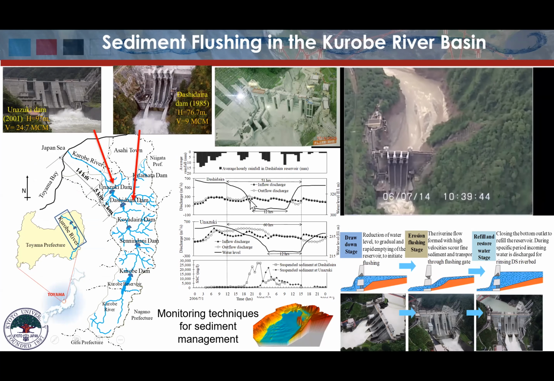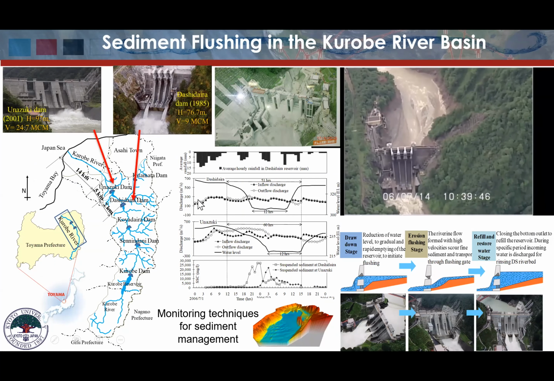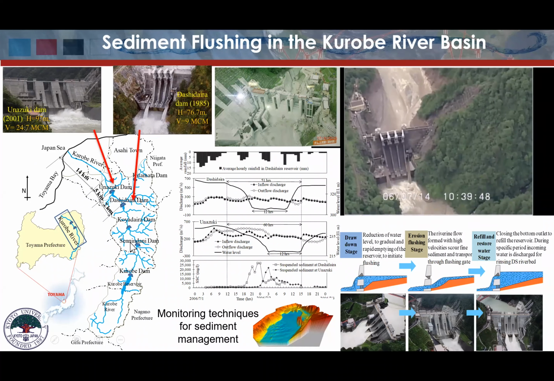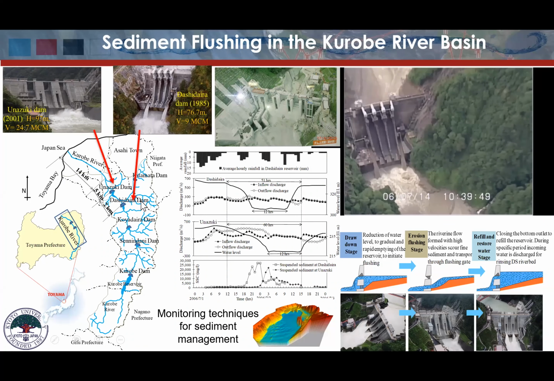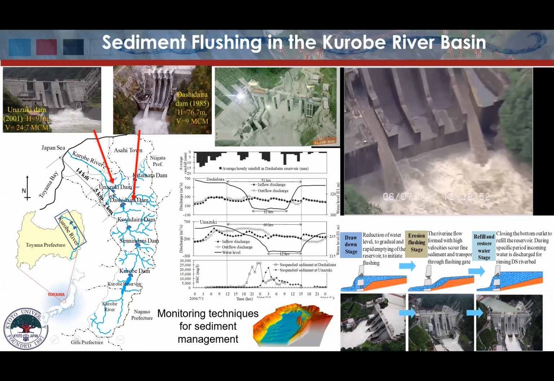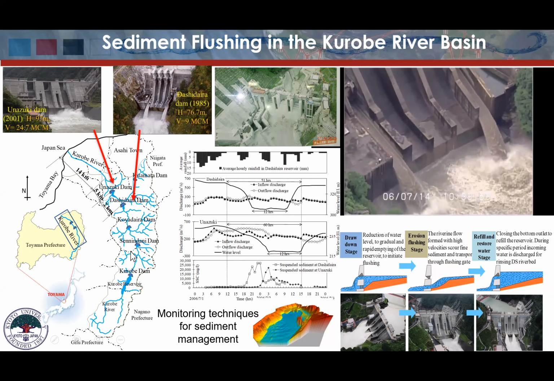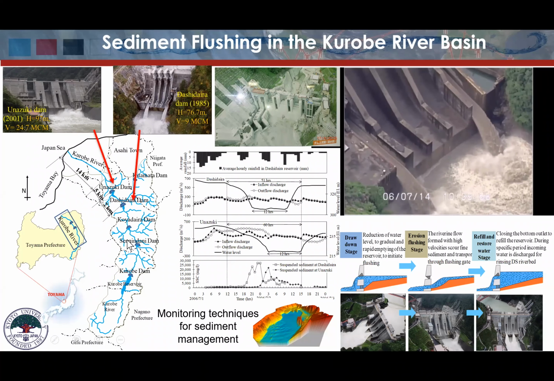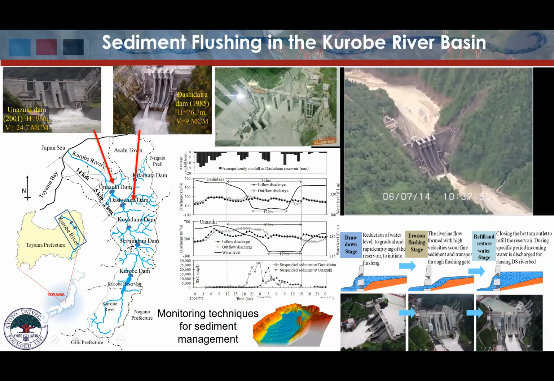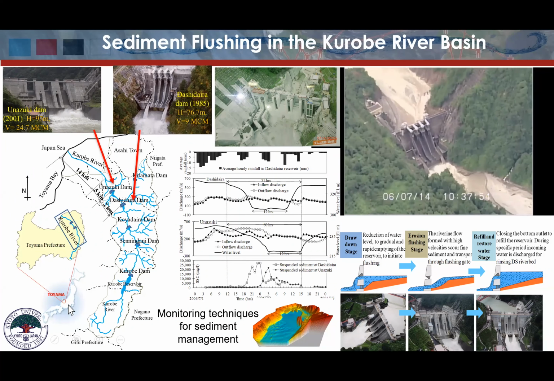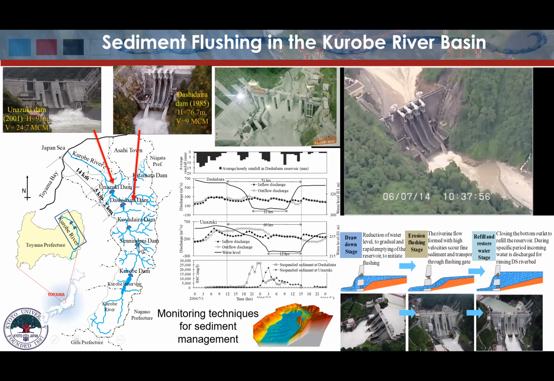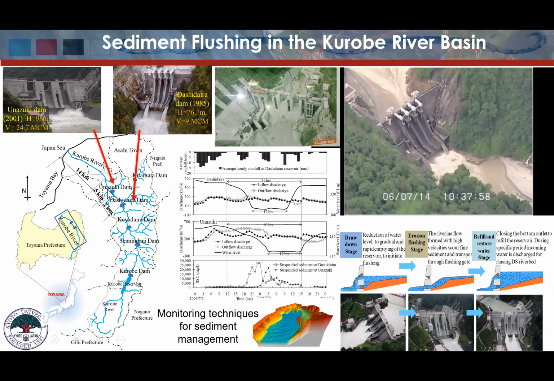You can see in these results that we could measure the water level. This is an important river basin we call the Kurobe River, a very beautiful river in Toyama Prefecture, in this location here. There are successive dams.